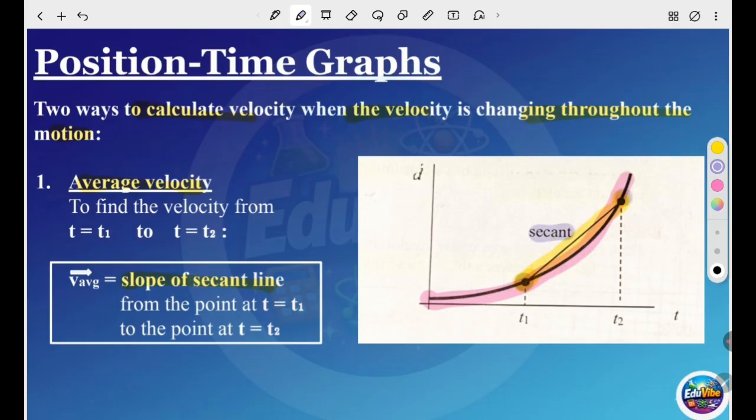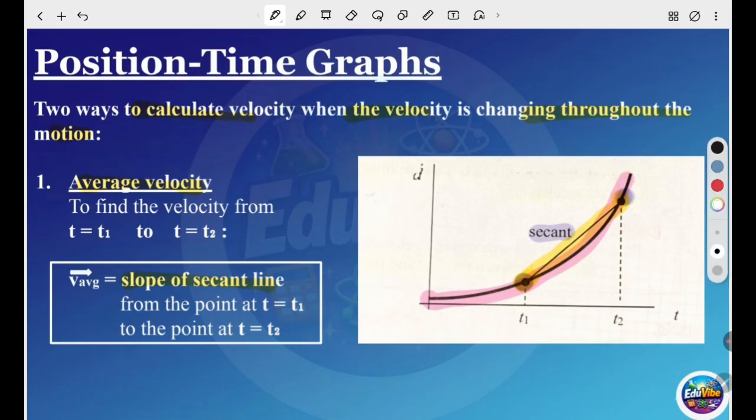When a line touches the curve or a circle at two points, like this, we call it a secant. From that secant line we will get the average velocity.